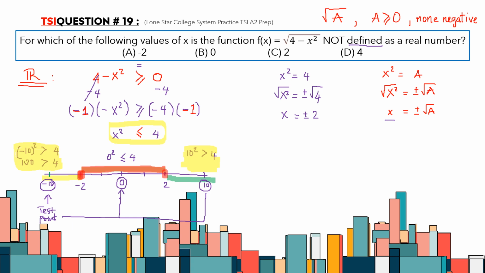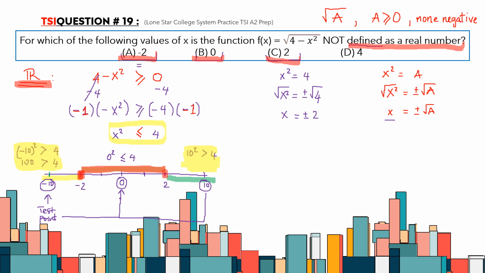We see that negative 2, 0, and 2 are in the red region. Now the only one is D, which is 4. 4 is not in the red region, so it means it's not defined as a real number. Being in the red region means defined as a real number.